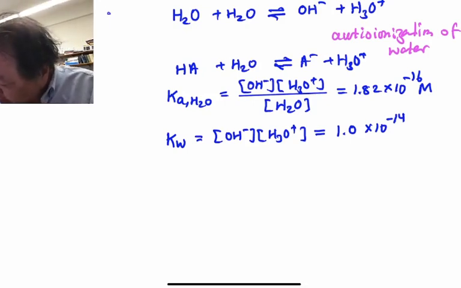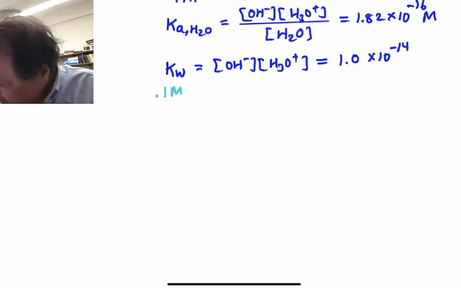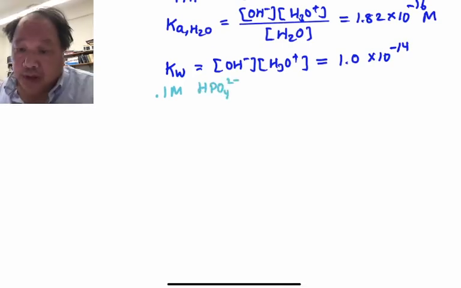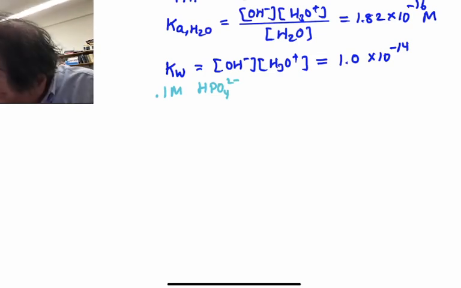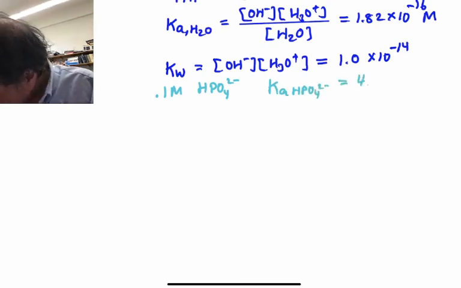We're going to consider a 0.1 molar HPO4 2- solution, and the Ka for HPO4 2- is, it's a weak acid too, 4.3 times 10 to the minus 13 molar.